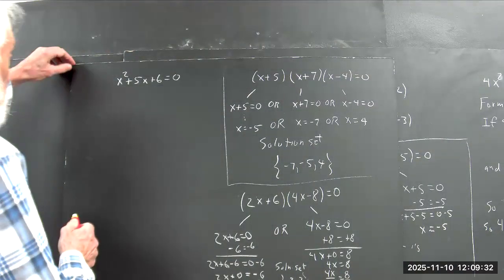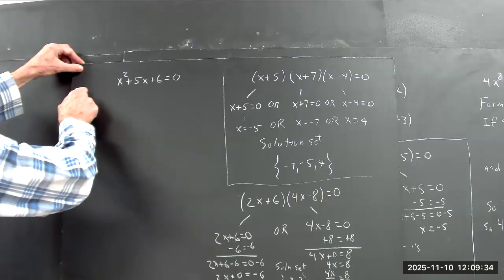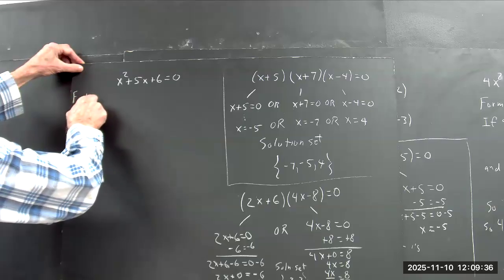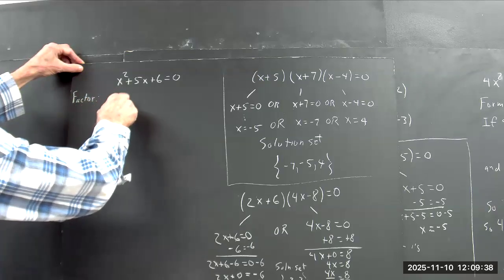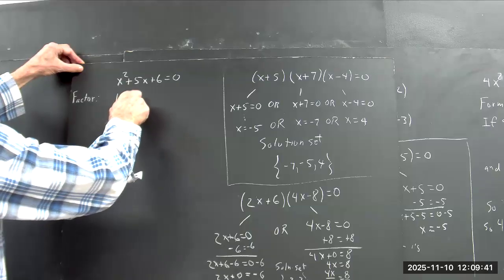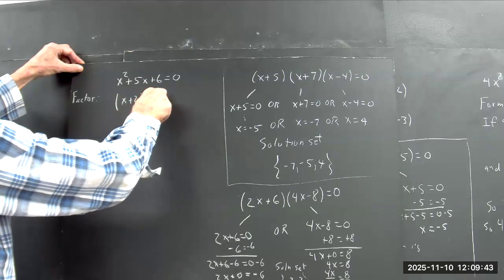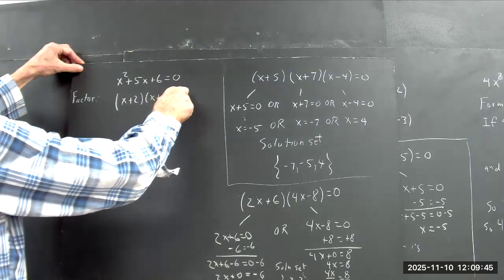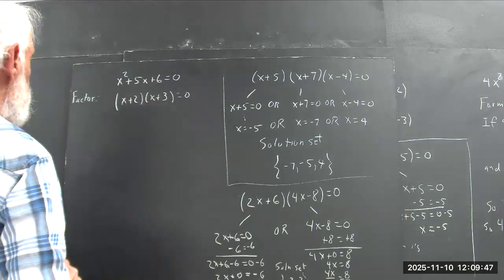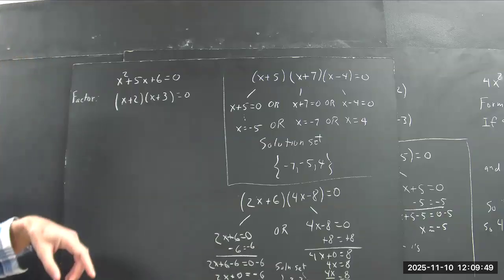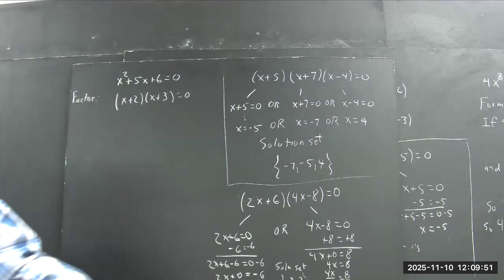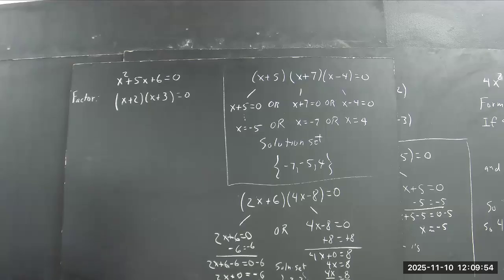Okay, so we factor and we get x plus 2 times x plus 3 equals 0. And now we're on familiar ground.